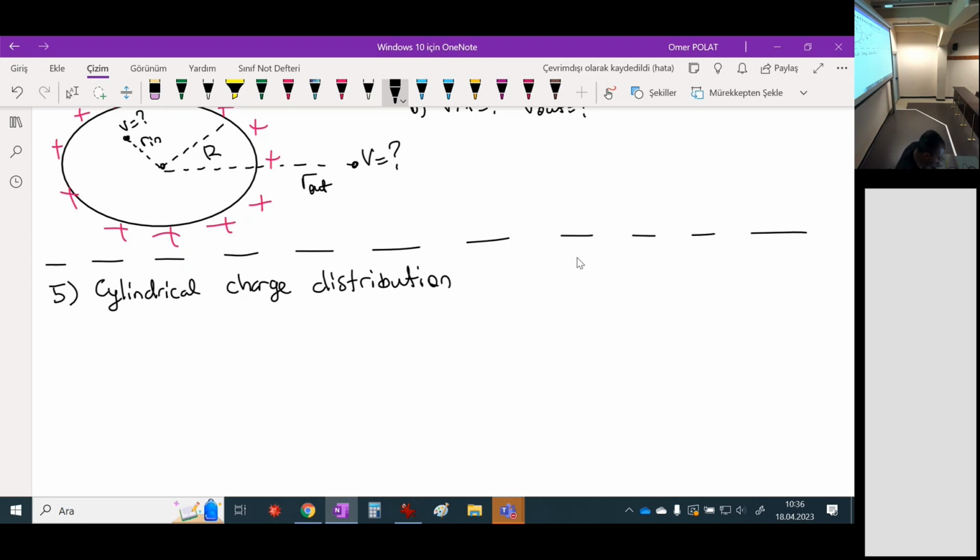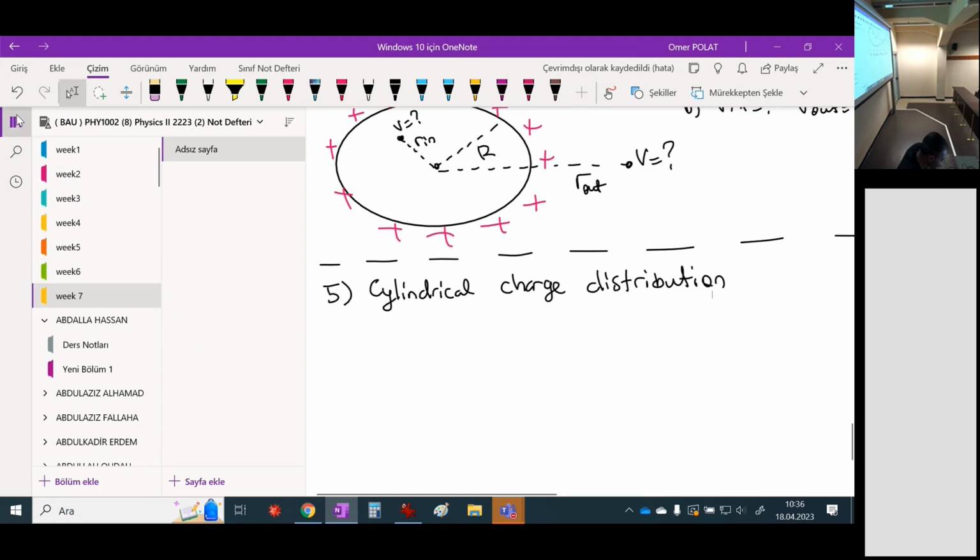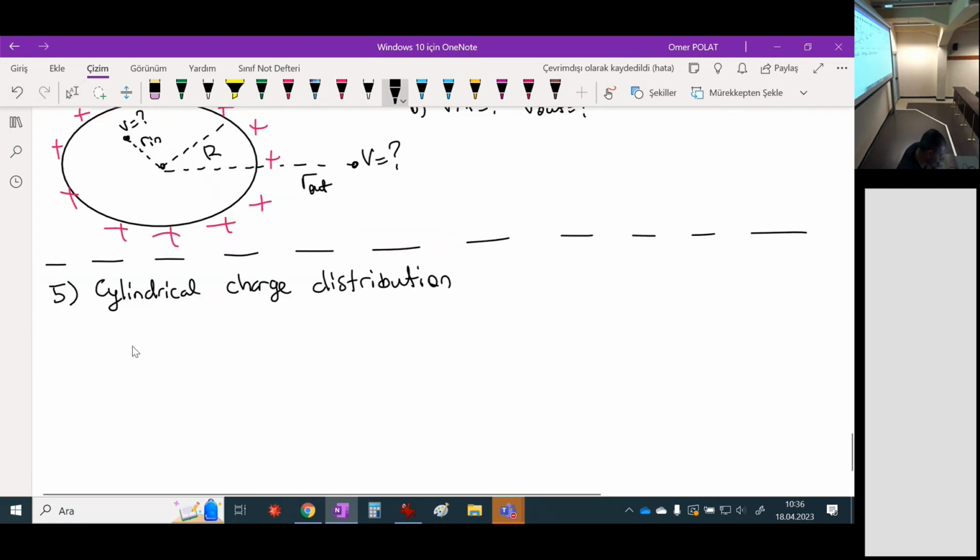So, cylindrical cable, infinitely long. Infinitely long cable, and we calculate on this vertical axis its electric potential.